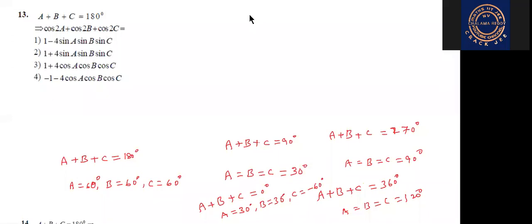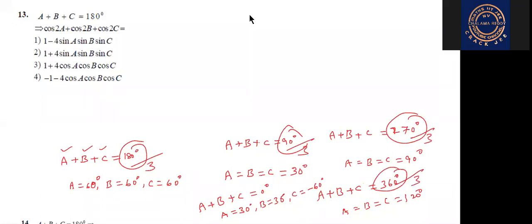Here three angles are there, so take this angle and divide by 3, then you will get each angle. If A plus B plus C is equal to 0 degrees, take A 30, B 30, C minus 60. Substitute here, the condition will be satisfied or not?